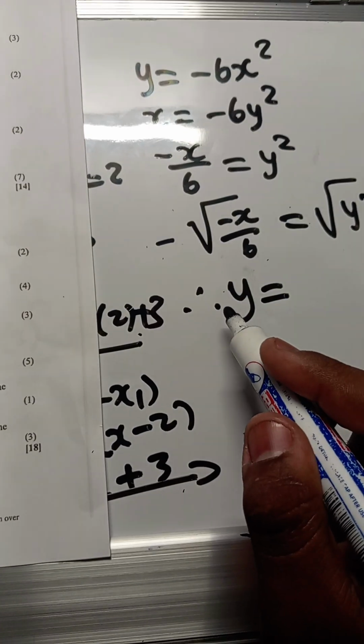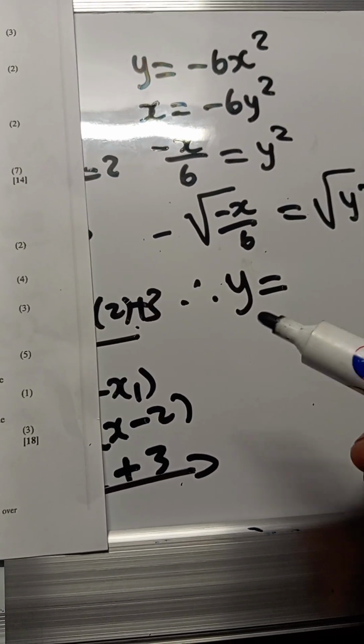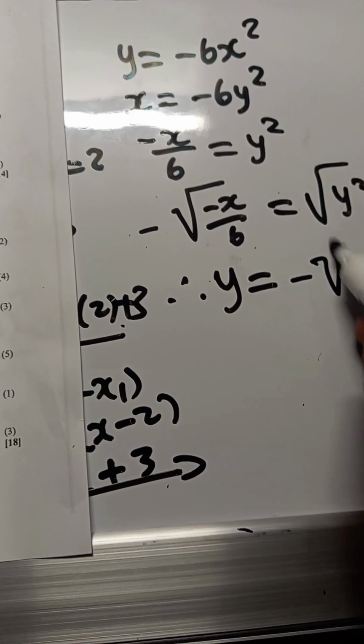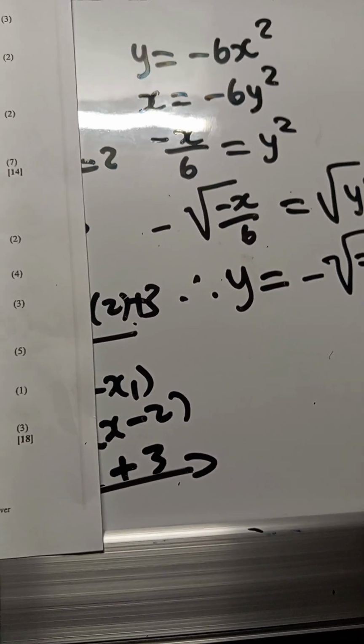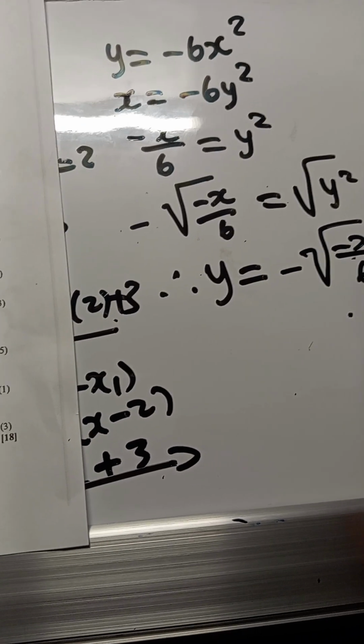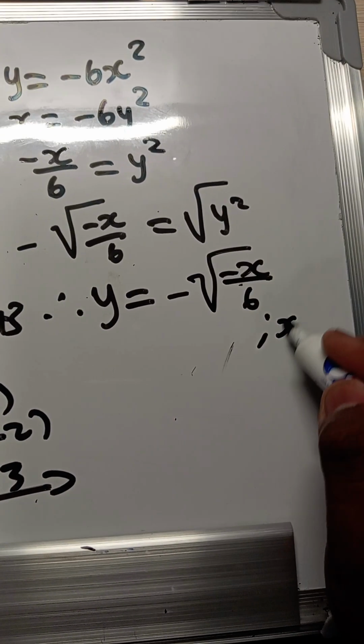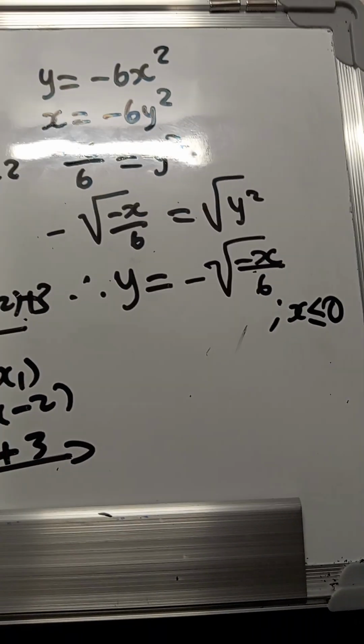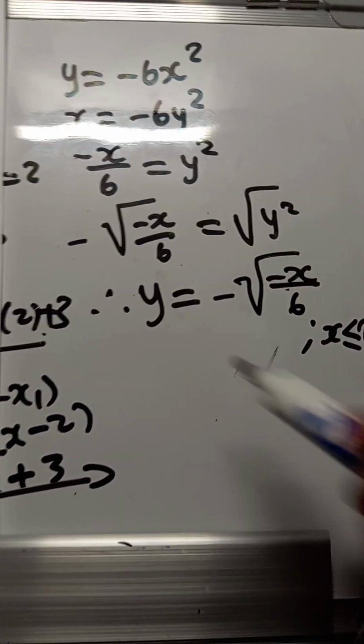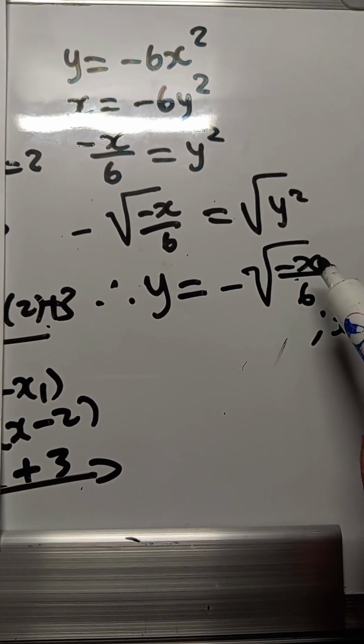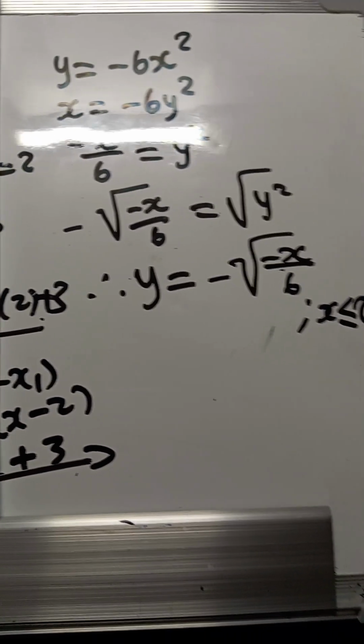But if I have a negative there, it is going to be defined. So the answer will be just negative square root of negative x over 6, for x less than or equal to 0. Get what I'm trying to tell you, guys? That's how it's supposed to be, so that even if you substitute a value for x, it is going to be positive.